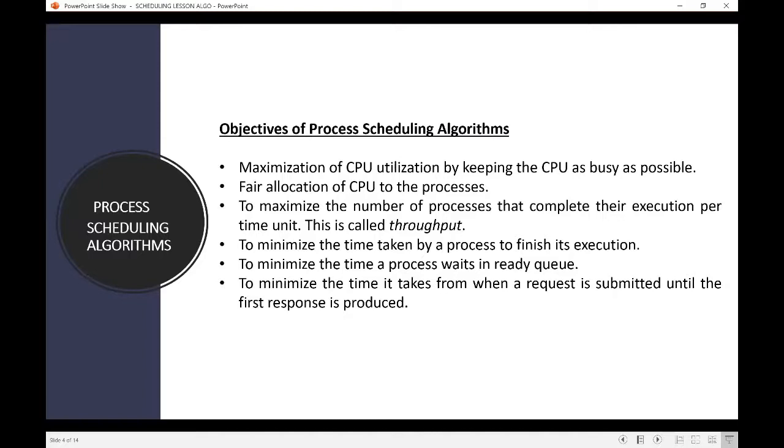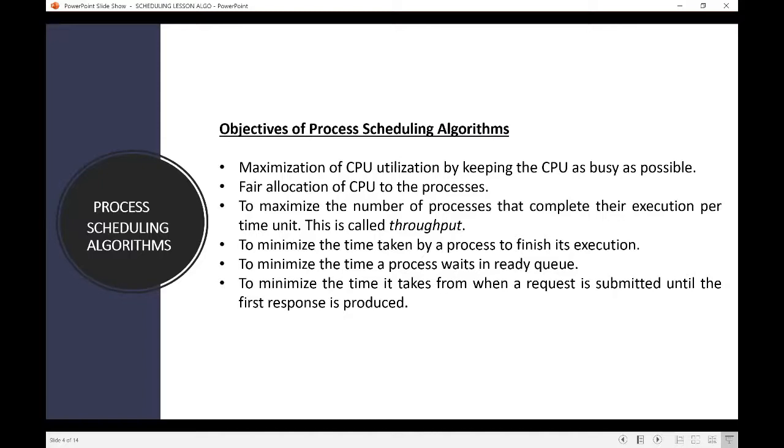It also minimizes the time from when a request is submitted until the first response is announced. So the scheduler will also make sure the program is launched and opened. When you open a program, the scheduler sends a request to the program launcher to open a program from the hard disk, from the long-term scheduler, so that it is loaded into the main memory.